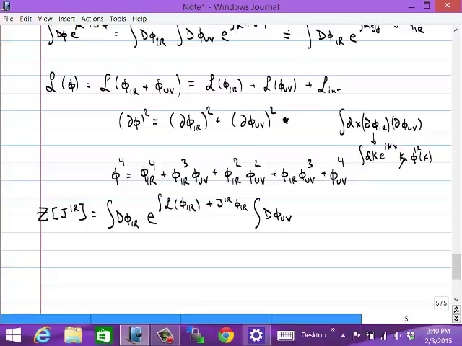And then we have to do the UV part of the path integral. So we get an integral of L of phi UV plus these various interaction terms. And probably what we'll do next class is we'll try to actually do this UV path integral.